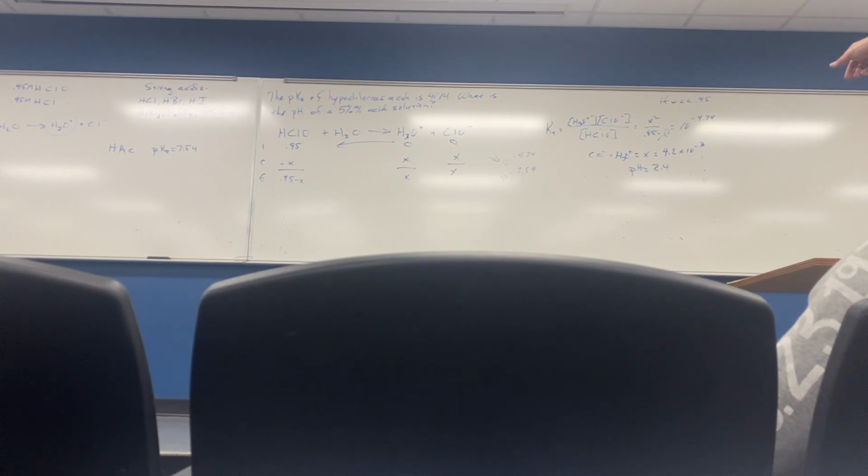Would it be 2.4? No. Which one's stronger? HCl. And what do we know about HCl? It completely breaks up. So if 0.95 molar HCl breaks up, how much H do I get? 0.95, because it totally broke up.